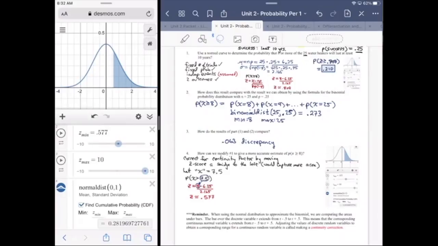We already handled that. All right, so the little reminder at the bottom: when using normal distribution to approximate the binomial, we are computing the areas under bars. The bars over discrete variable r extend from r minus 0.5 to r plus 0.5. So that's a little bit of the theory behind it.